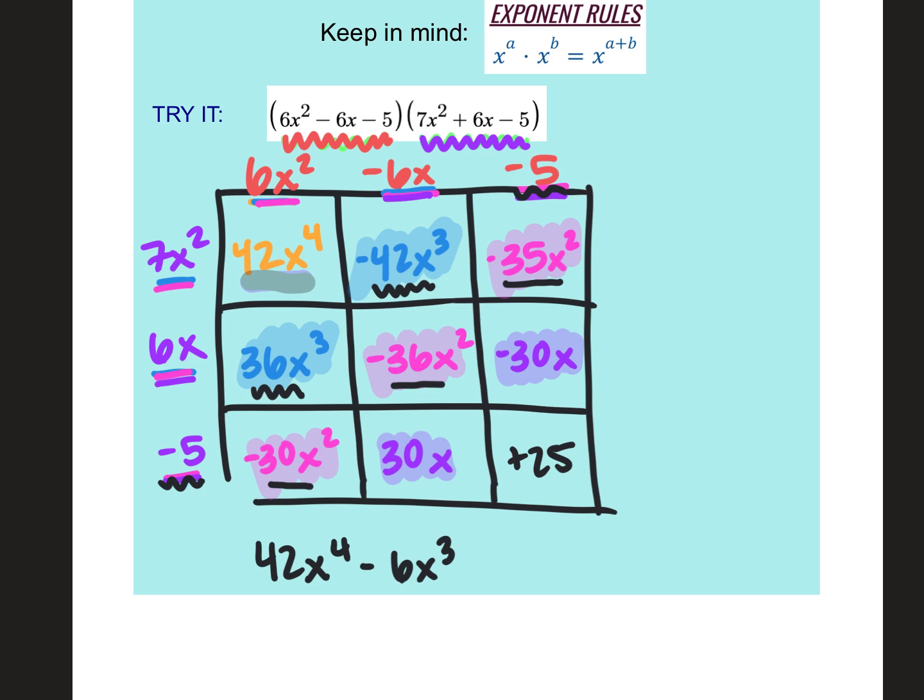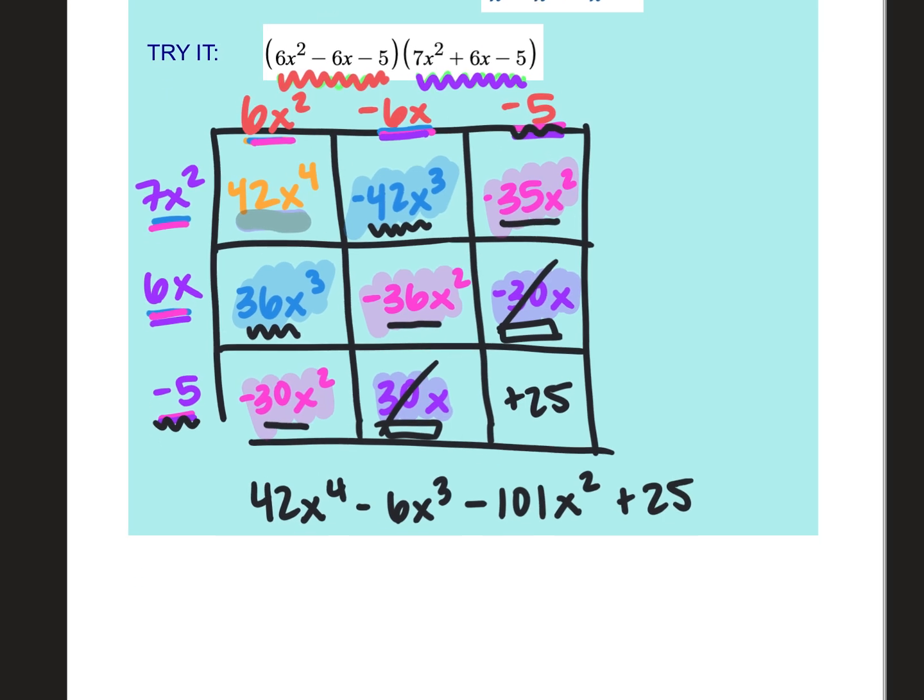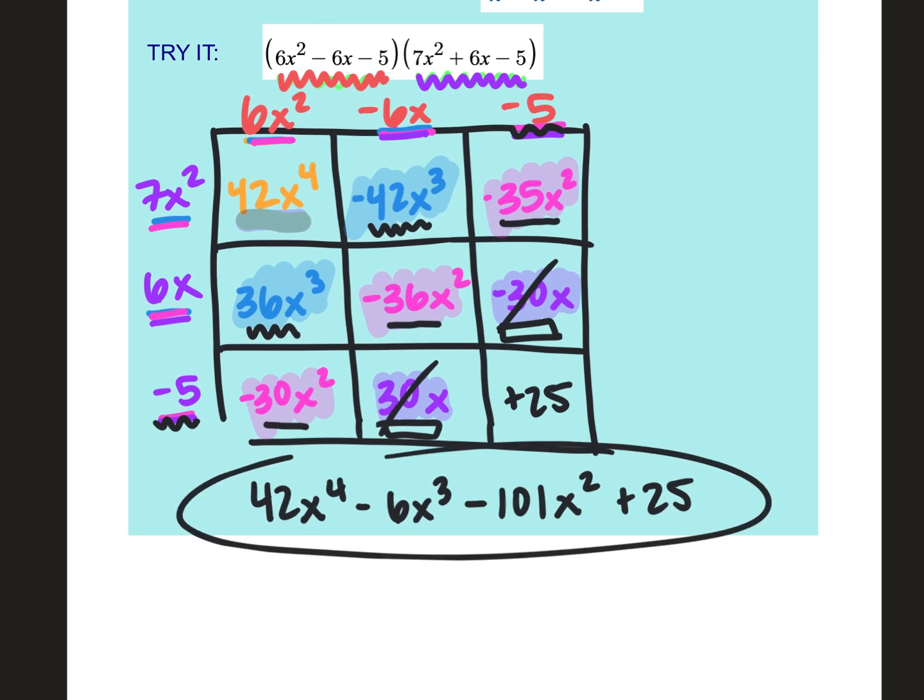If you add those all together, you get a negative 101x squared. 30x minus 30x is going to simplify to 0, so I'm going to leave that off. Those are going to zero out. My last term is going to be that plus 25. Okay, so my final polynomial there is at the bottom.